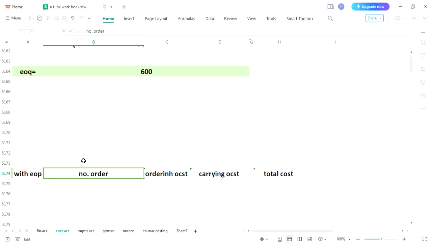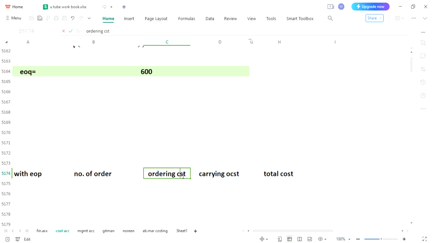Let's save the space. Number of orders, and then you will calculate over here your ordering cost. And finally carrying cost would be calculated.